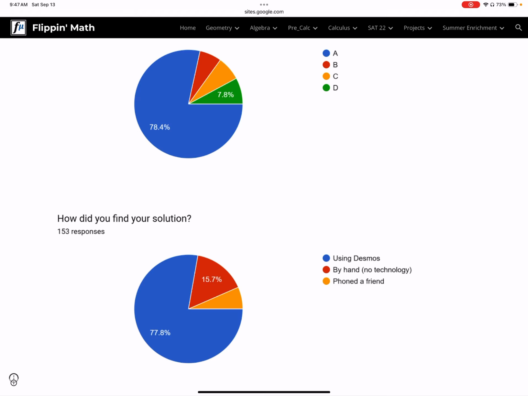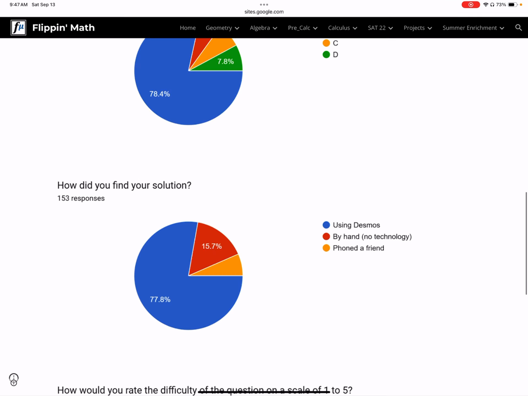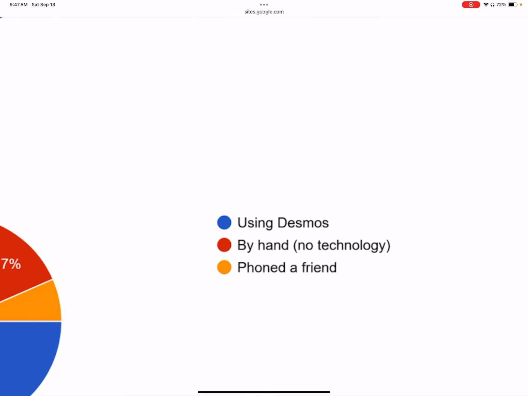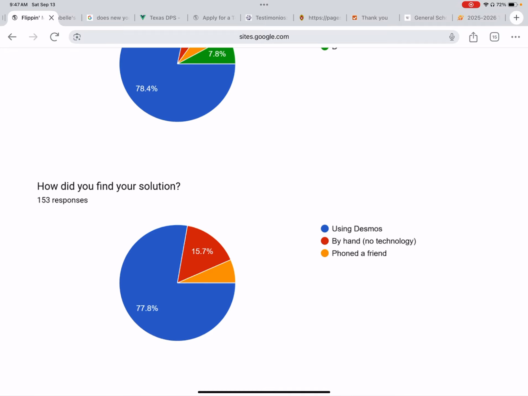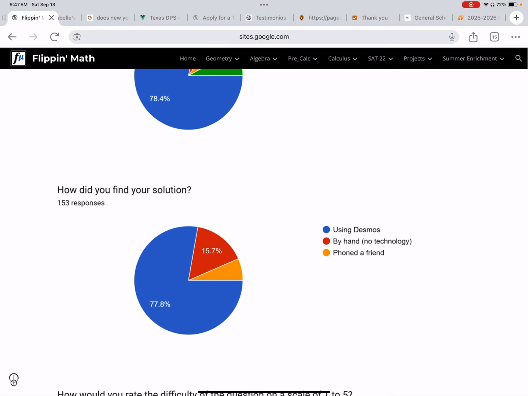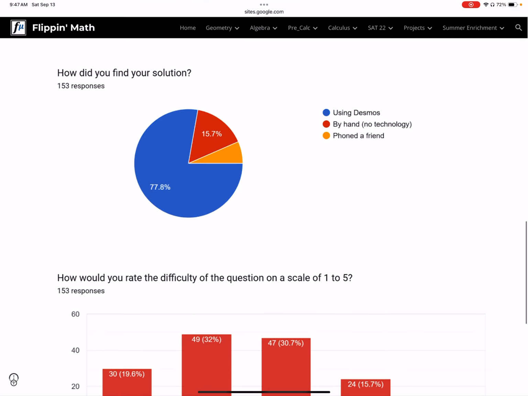I wanted to know if there was some sort of correlation between those two things, so I sorted the spreadsheet that houses all the answers and looked specifically at the by hand group, to see what percentage got it right versus wrong. It turns out that about 60% of the people that chose to do this by hand actually missed the question, which was an interesting outcome.